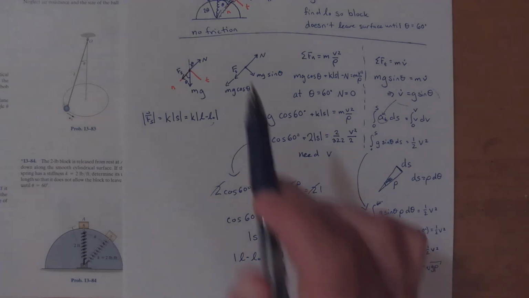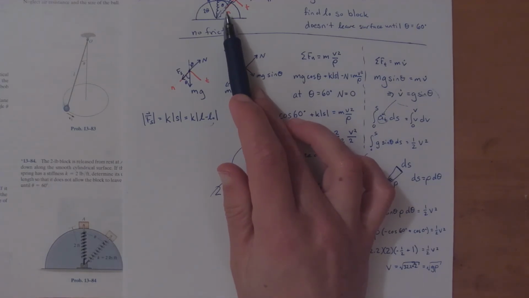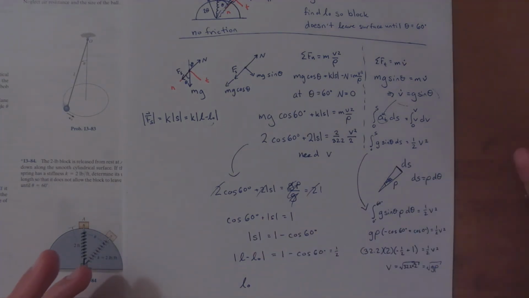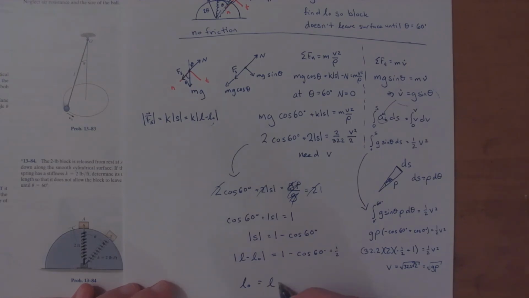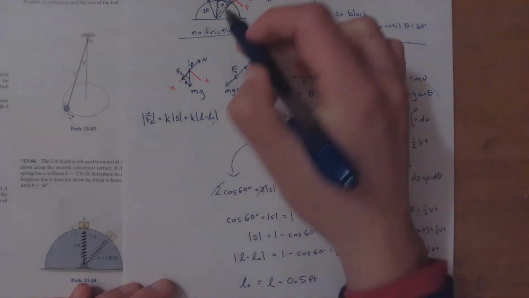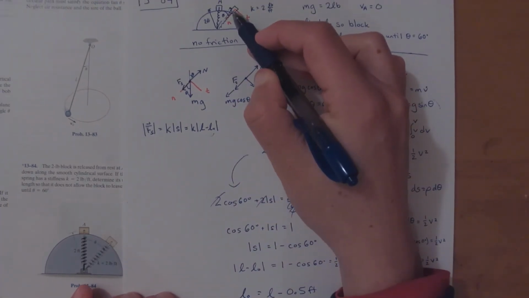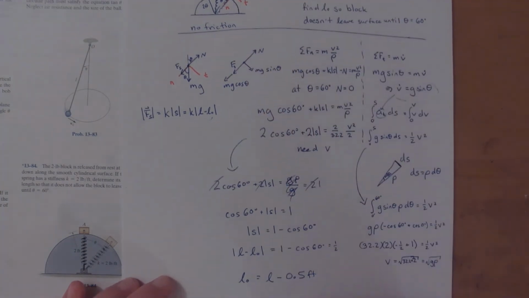Now, the current length of the spring is 2 feet, and the spring is stretched. So the unstretched length is half a foot different than 2 feet, and since the spring is stretched, the unstretched length should be smaller. So this is L minus, let's just say 0.5 feet, and L, you can see, is going to be the same as the radius, that's the radius of curvature.